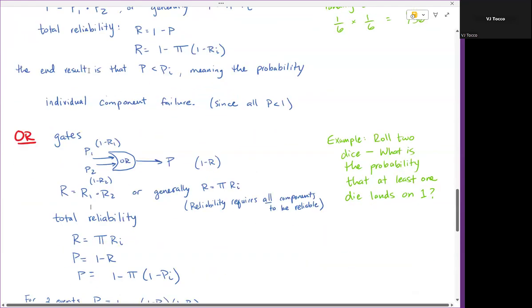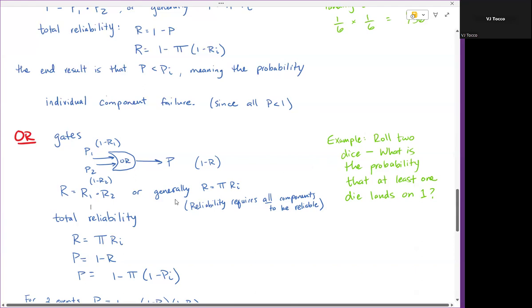So again, for AND gates, you multiply the probabilities. For OR gates, you multiply the complements of the reliabilities, or the probability of the thing not occurring. Again, the mathematical expression is confusing to me too. I like to think about it in terms of dice or cards or some other type of probability exercise.